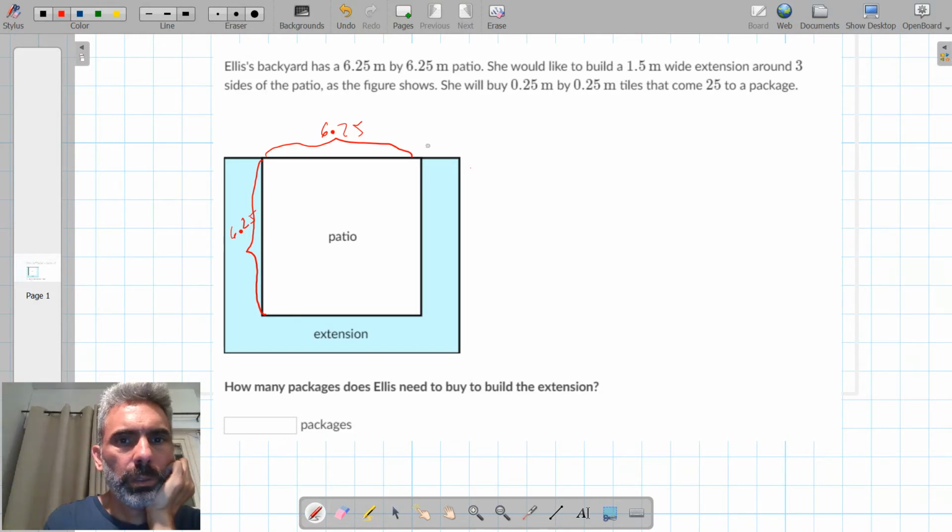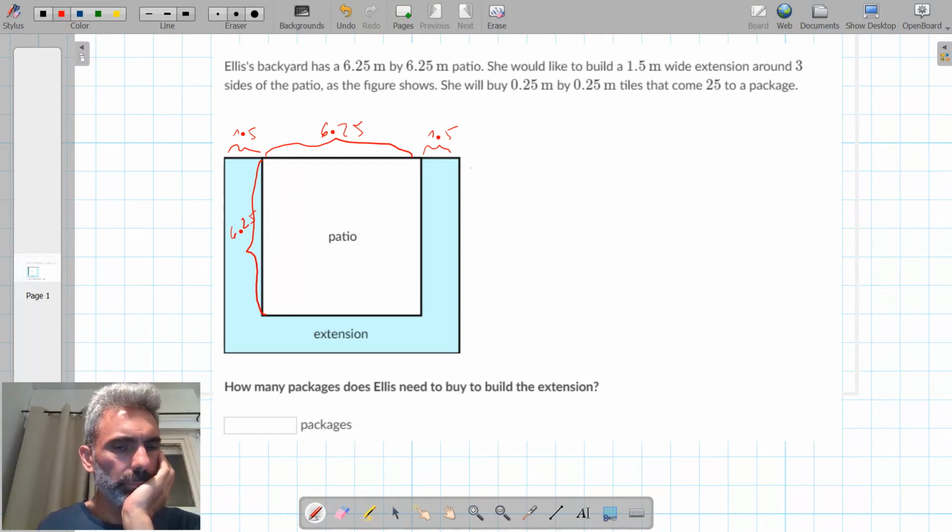Okay. So this is 1.5 and this is 1.5, and this is also 1.5.